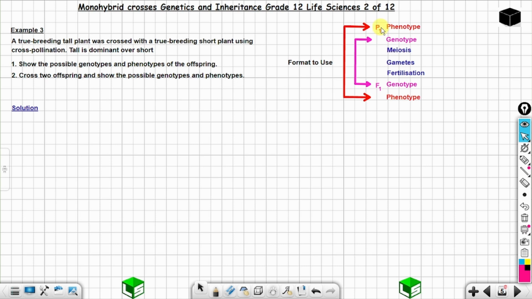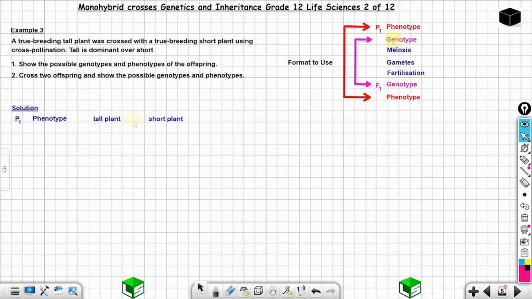We have P1 for parent generation. Phenotype is about the physical appearance. So, you are crossing a tall plant and a short plant. You have a tall plant, you cross with a short plant. You can have a cross there.